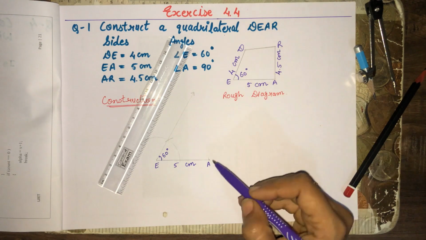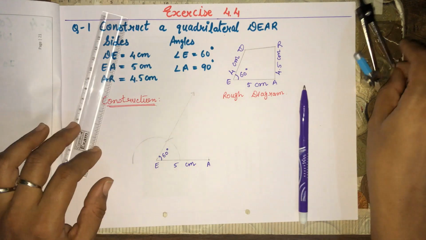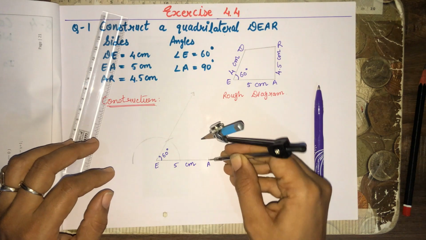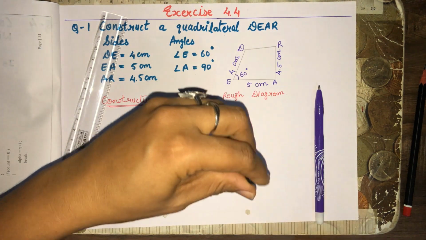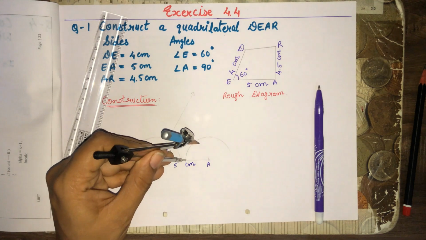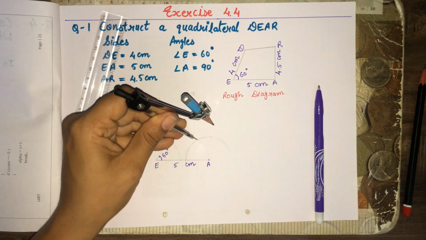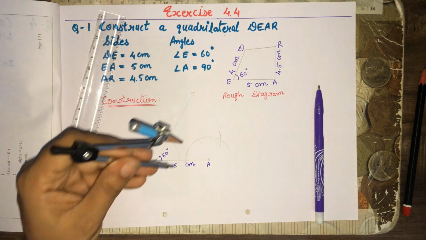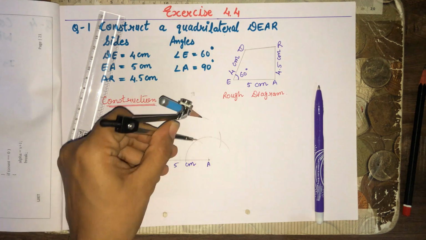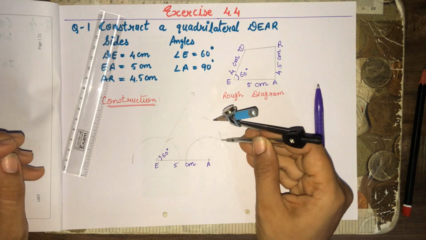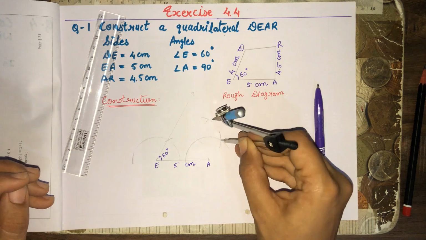Now at A we have to construct the angle of 90 degrees. So again taking A as center, we'll put one arc, then the first arc of 60 degrees, the second arc of 120 degrees, then again extending this arc like this, and from here again intersecting the third arc.